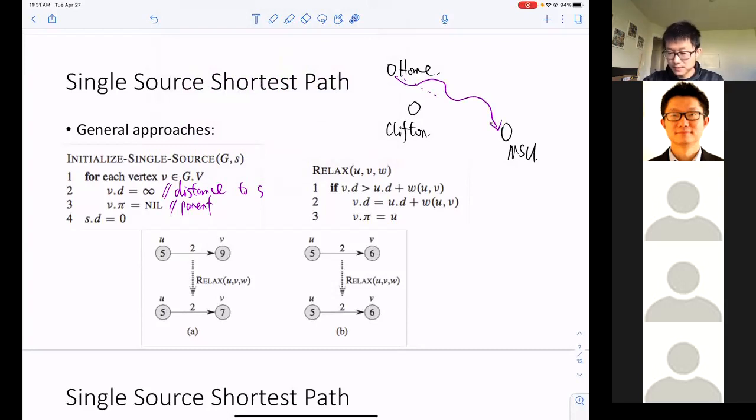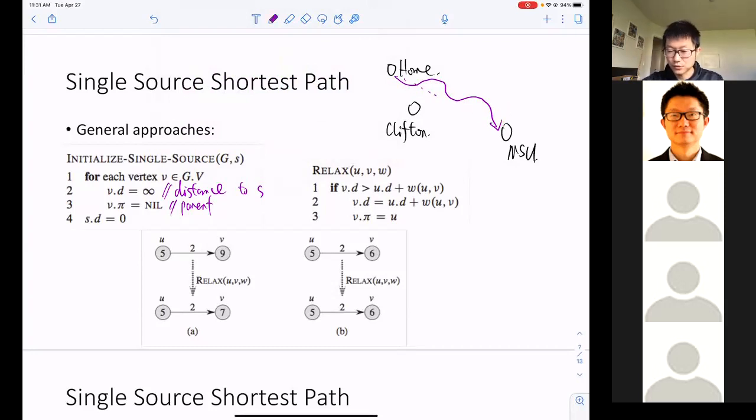So this purple route may go across a few different places, like even your work or whatever place. So this is just a route. You can think of it as a path that Google Map just showed you.